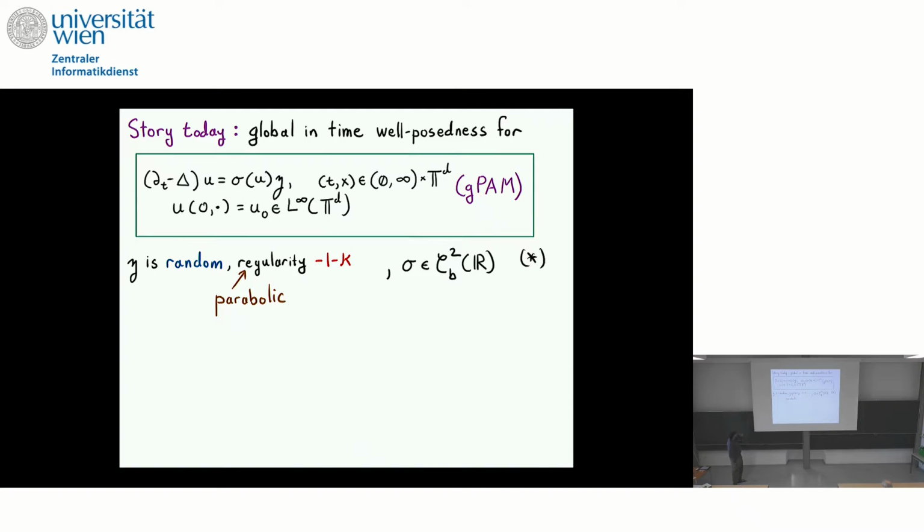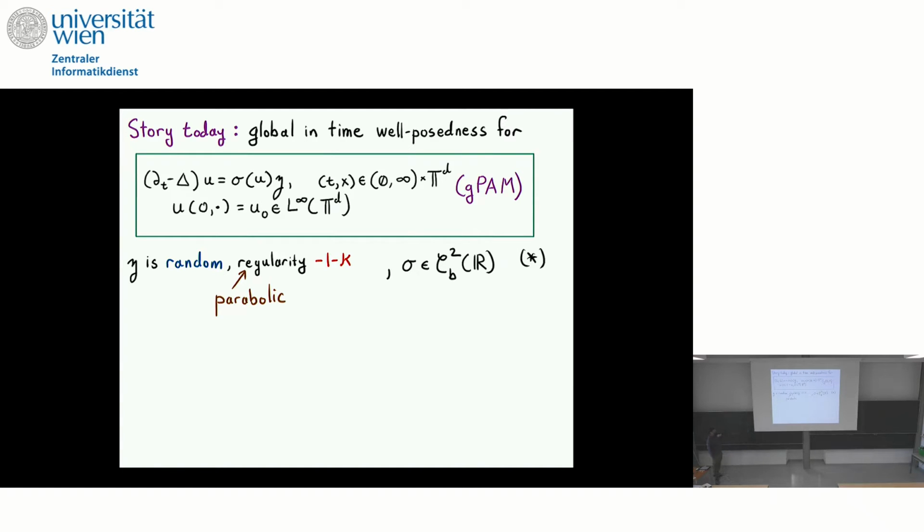I'm going to be working in finite volume, so a d-dimensional torus. Here I'm dealing with the rough equation, and the roughness enters through a rough driving noise. The noise zeta is going to have regularity -1 minus kappa for some kappa positive.